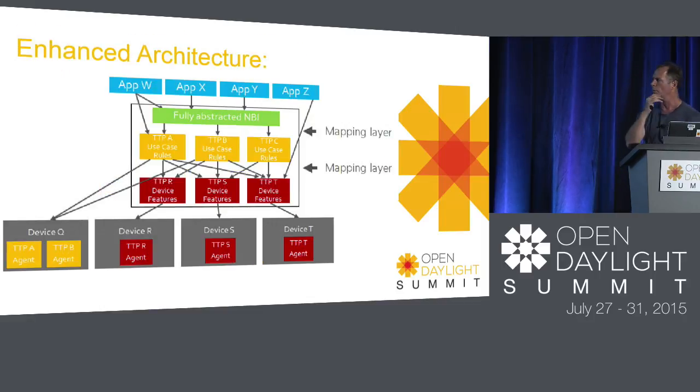So we moved to a new model, and this was partly driven by that Broadcom TTP that's really rich, and now we've seen some use cases developed above that, where we have a more abstract TTP. So essentially this picture is, let's make the device support only the TTP that describes that device. The Broadcom device only has to support one really powerful TTP, and we can do the mapping between a use case TTP and a device TTP in the controller.